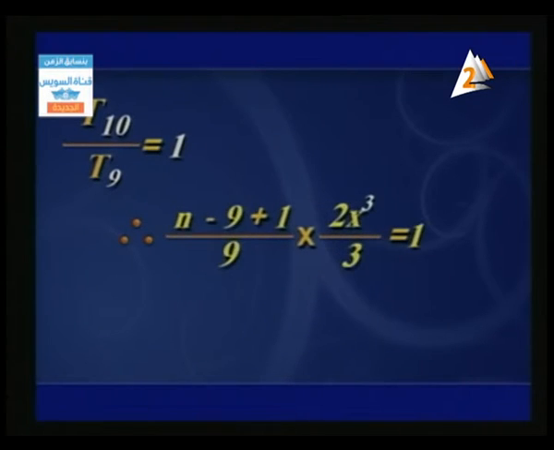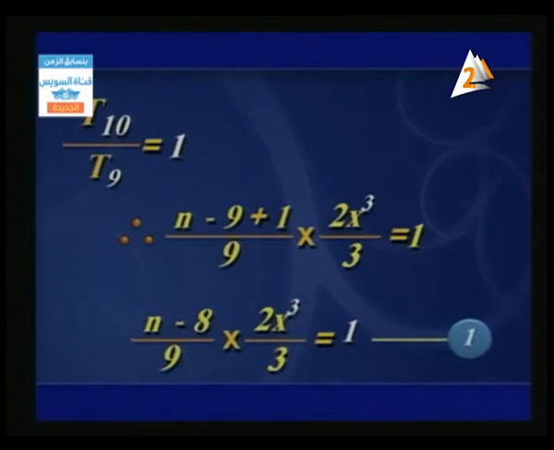Therefore, (n − 9 + 1)/9 times 3x³/(2) equals 1. Therefore, (n − 8)/9 times 2x³/3 equals 1, and this is equation number 1.